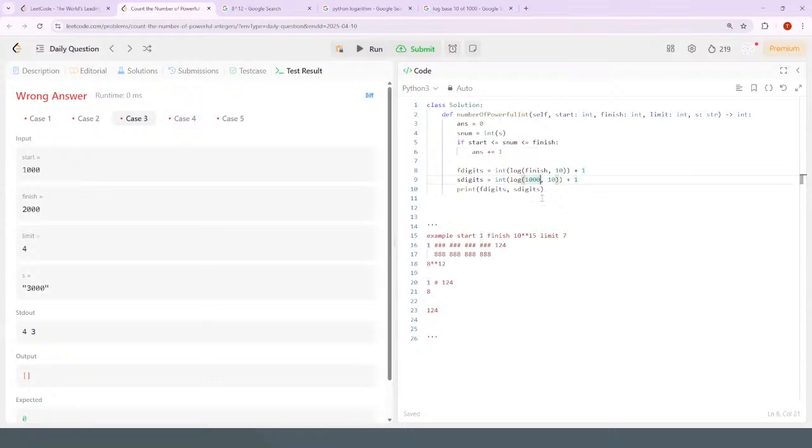Why does this not give me 4 then? Integer log of my start number, S digits, 1,000. There has to be something I'm doing wrong here. Log base 10 of 1,000 is 3. Cast that to an integer, that's 3. 3 plus 1 is 4.